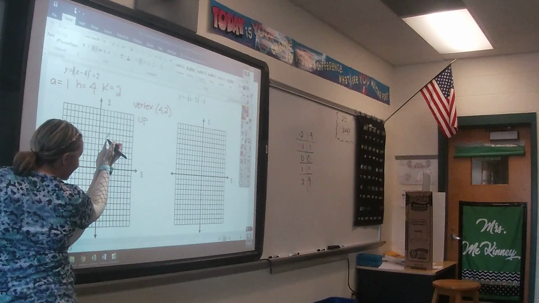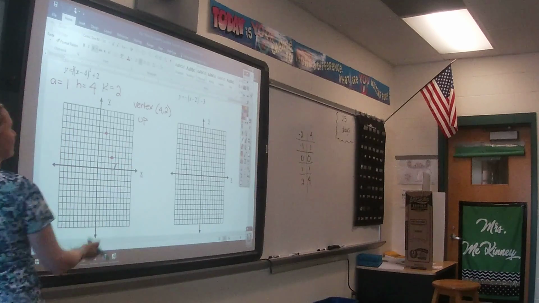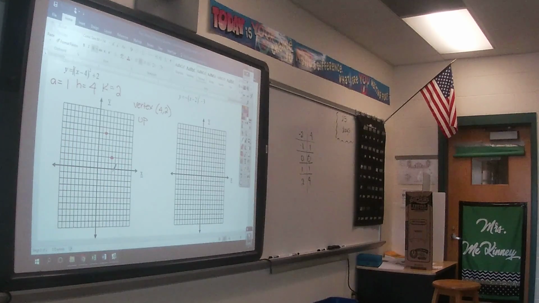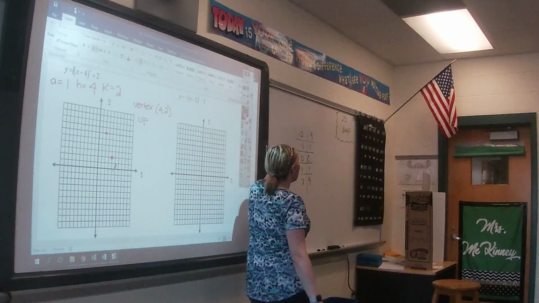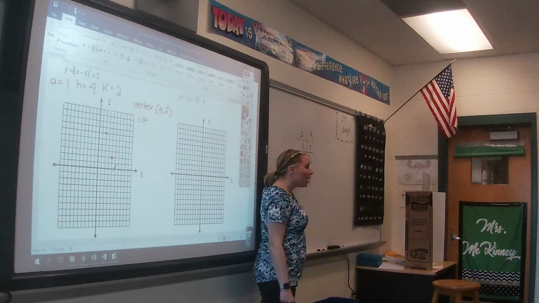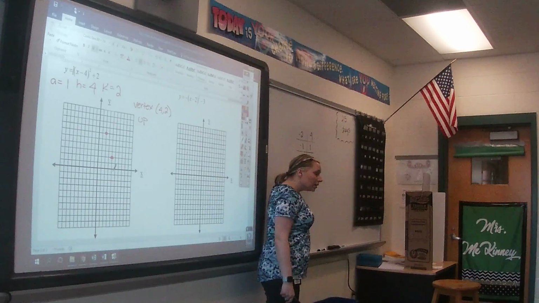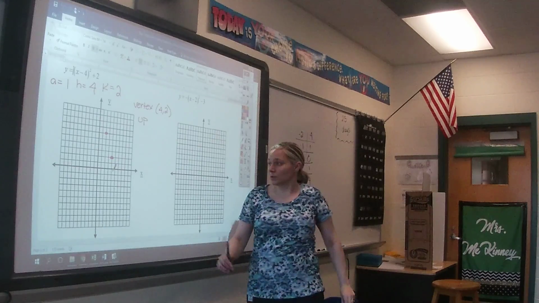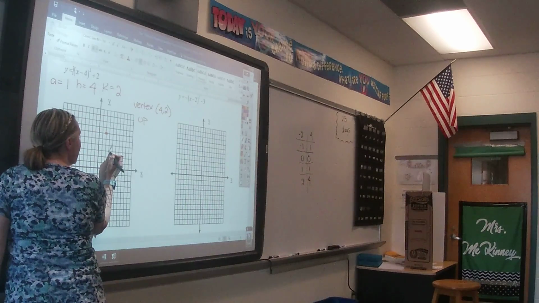I can count 1, 2, 3, 4. From our vertex, we should also move left 1, up 1. So now I'm going to move left 1, up 1.